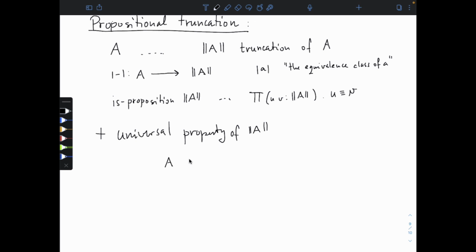Okay, the universal property says this. Here we have the quotient map. This is the map that takes an element and puts it into its equivalence class, which is the only equivalence class. Now suppose I have B here, and I know that B is a proposition, so it has at most one element. Then I have a map here.